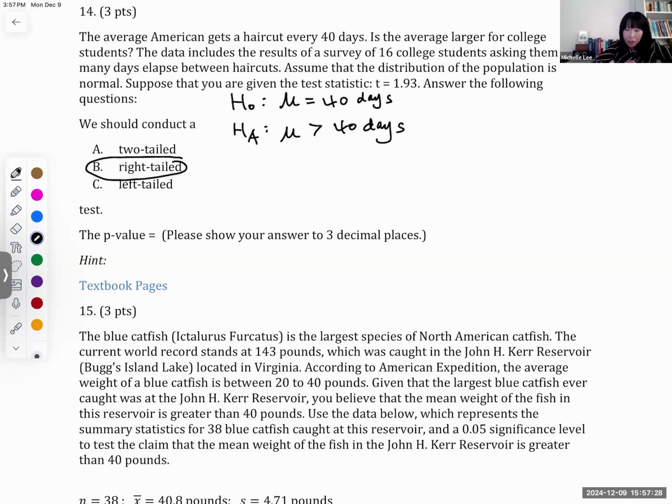Okay, p-value. We know only the t-test statistic. So how do you find the p-value? It's a probability, right? Okay, so let's do it.